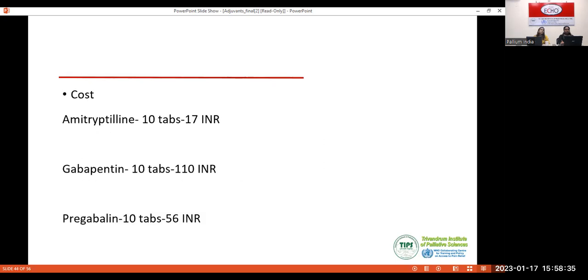Just to understand, you have seen a lot of gabapentin and pregabalin in your setting. Many of the doctors are in love with those drugs, but just look at the cost of the drug. Amitriptyline is the cheapest one. It costs only 17 rupees for 10 tablets. Gabapentin 10 tablets is 110. It is not a big price, but that is for 100 milligram.